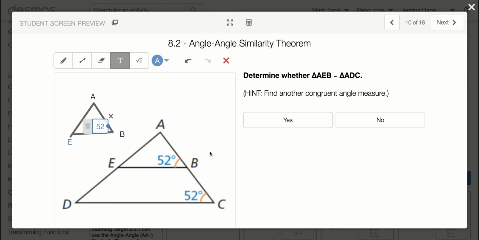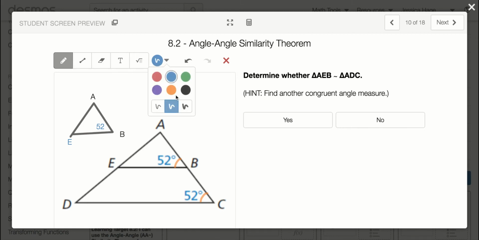And so I've just pulled this top triangle off of there. Okay, so we have angle B is congruent to angle C. Okay, and so this top triangle now has been taken off and put there.